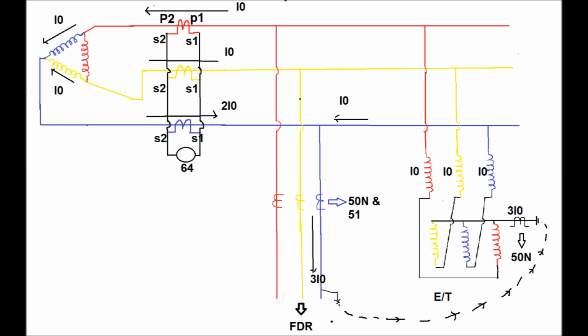So this is how the fault current circulates via the fault point towards the earthing transformer and via the delta side of the winding. The 50N relay connected from the CT secondary of the feeder CT will detect this earth fault and send a trip signal to the circuit breaker, and thereby remove the fault from the system.